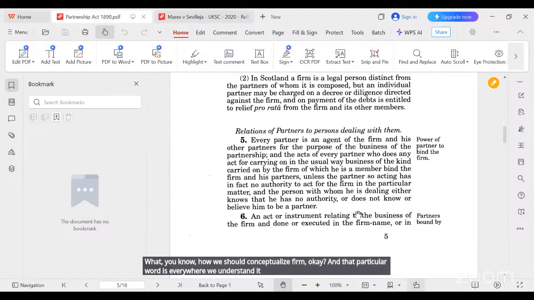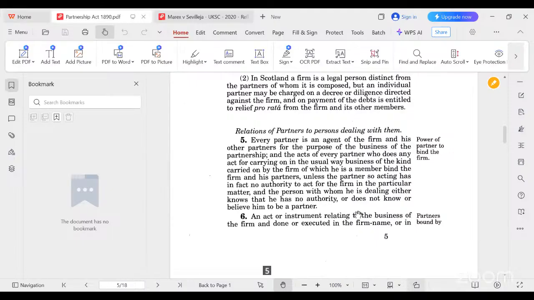Now let's look at section 5, every partner is an agent. You can see that this one is silent about shall or must, but it is telling you that every partner is an agent of the firm and his other partners for the purpose of the business of the partnership.